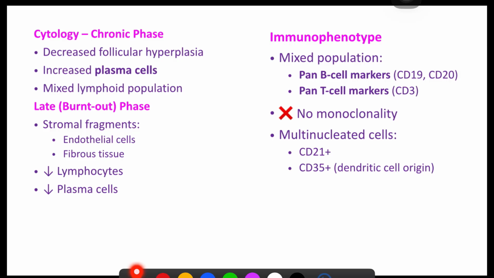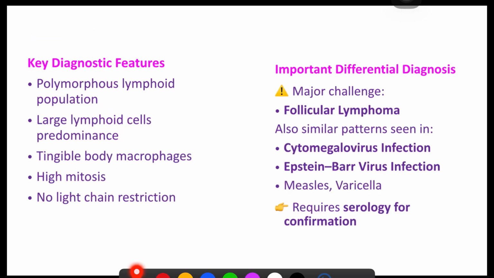Immunophenotypically, a mixed population of B cells and T cells is present, with no monoclonality, which is seen in follicular lymphoma, and multinucleated cells show CD21 and CD35 positivity, suggestive of dendritic cell origin.